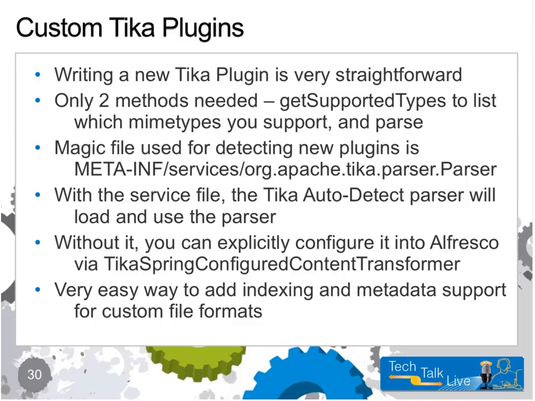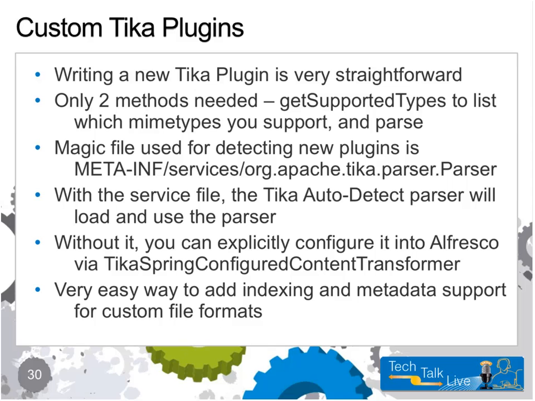And then Tika and Alfresco register that. And then when that file format comes along, it knows to go and ask your plugin to help. And then the other method you need is the parse method, which does the actual work of grabbing the text and the metadata. And then there is a service file that you put in your jar that tells Tika that the class exists.